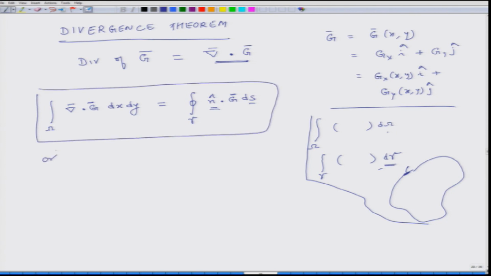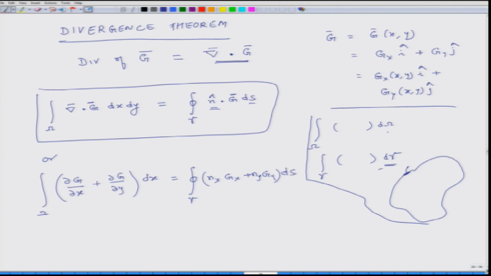and I can also write it as, so this is a scalar equation. My equation for the gradient theorem was a vector equation. Here we have a scalar equation, and it can be written as the integral of the partial derivative of g with respect to x plus the partial of g with respect to y, dx dy, is equal to the integral on the boundary gamma of nx gx plus ny gy times ds.